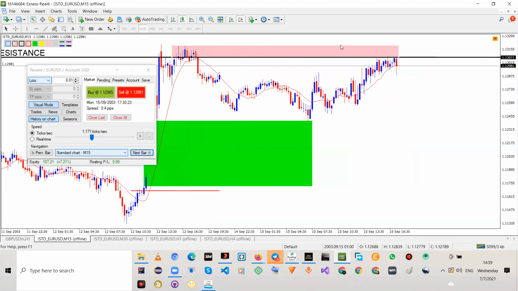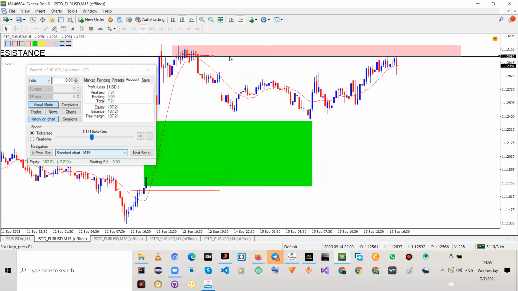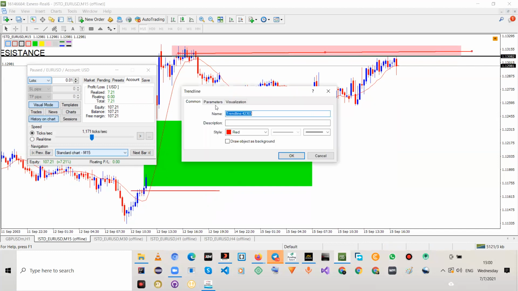We said our entry will be in the midpoint of the largest up close candlestick that the bearish order block consists of.